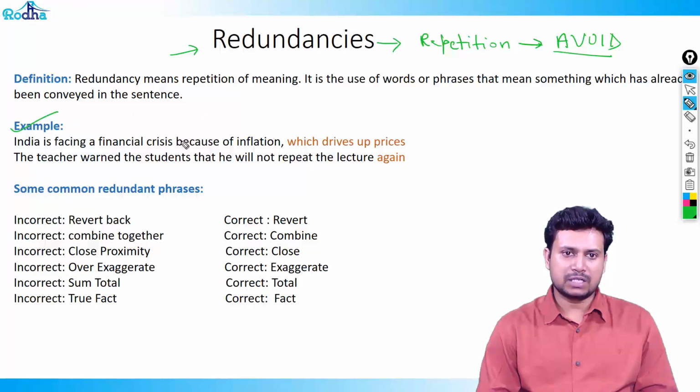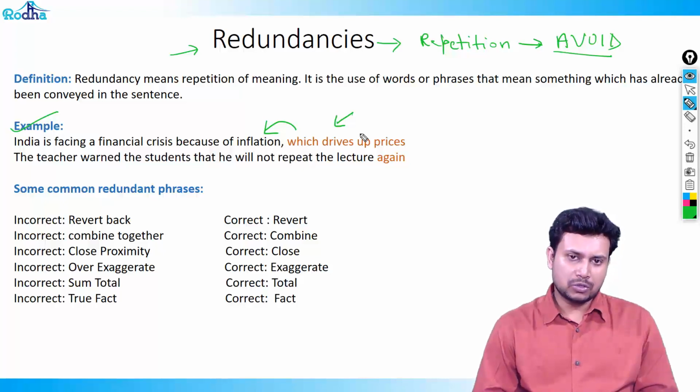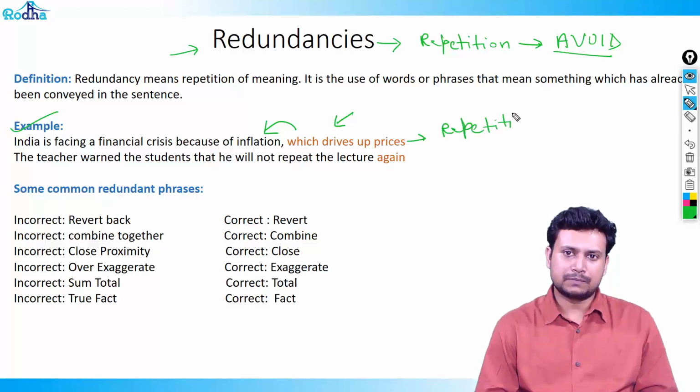India is facing a financial crisis because of inflation, which drives up prices. Now, if you look at this phrase, it defines inflation, but inflation automatically means that the price has gone up. So when saying which drives up prices becomes a repetitive argument, and hence makes the whole sentence wrong.